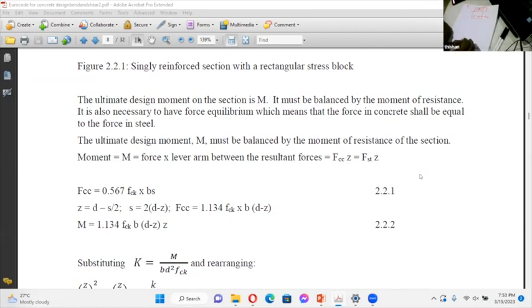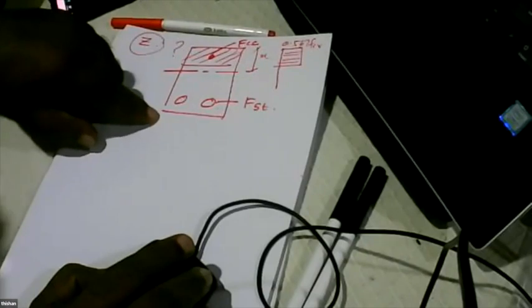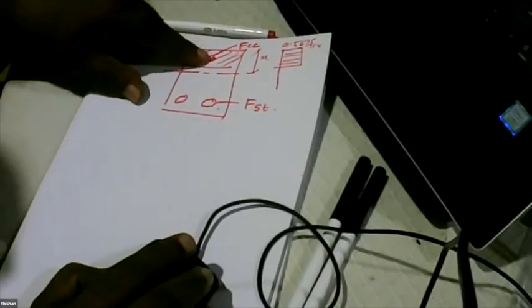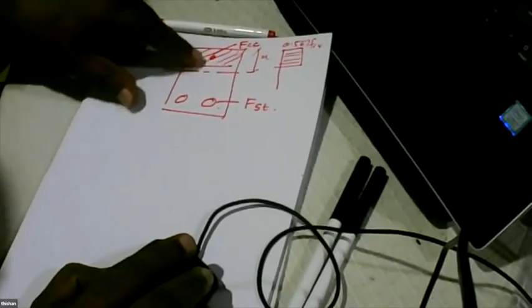And if you look at the stress diagram, it comes like this, and it is 0.567 fck. So basically, I will stop sharing for a moment, and you can see the situation where we have a section like this, and part is in compression.